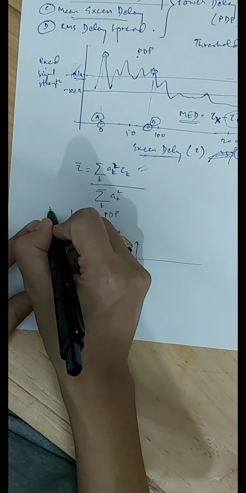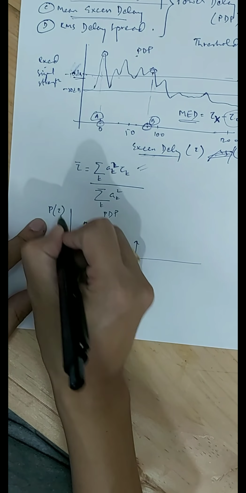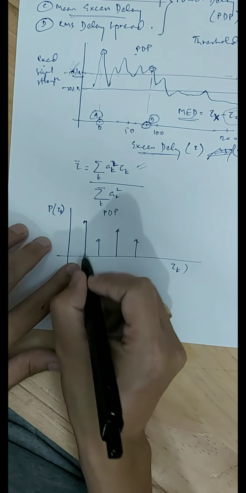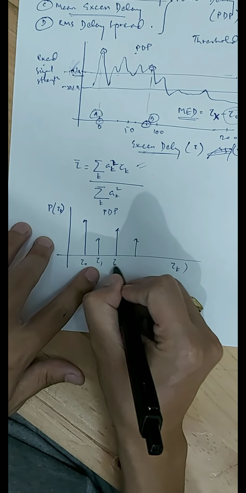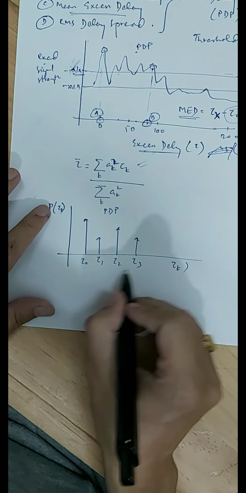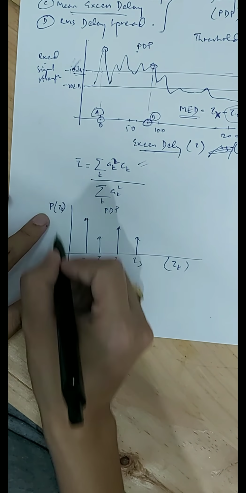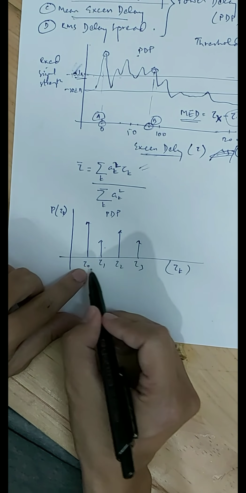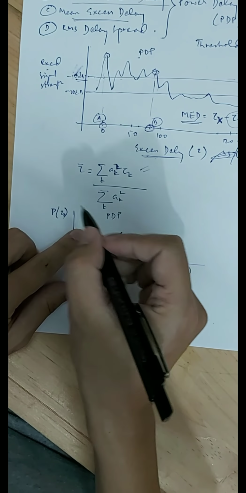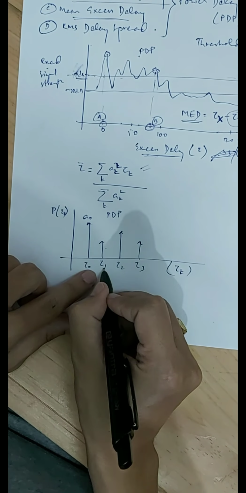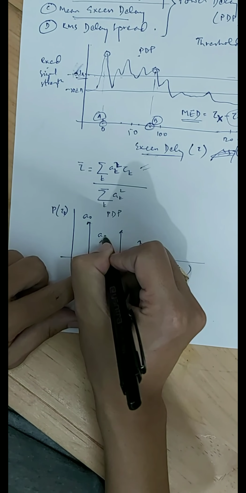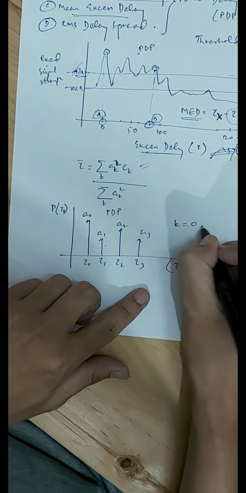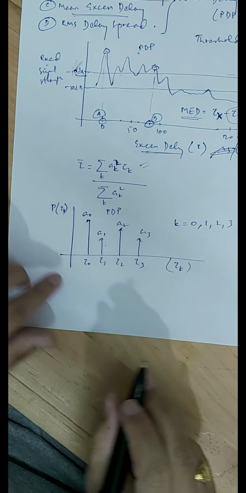Let's say this one is P(tau k), this one is tau k. For different instants of time, that is tau 0, tau 1, tau 2, tau 3, this is your excess delay, this is your received signal. For every instant of time, for example at tau 0, I have the amplitude A0. At tau 1, I have amplitude A1, A2, and A3, whereby k will be equal to 0, 1, 2, 3.